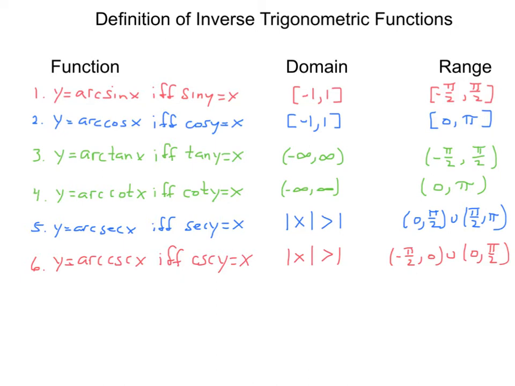And then the arc cosecant, again, the absolute value of that has to be greater than 1. And in this case, we are able to get everything from -pi/2 to pi/2 except for 0. And again, that is because that cosecant function does have a vertical asymptote at 0.